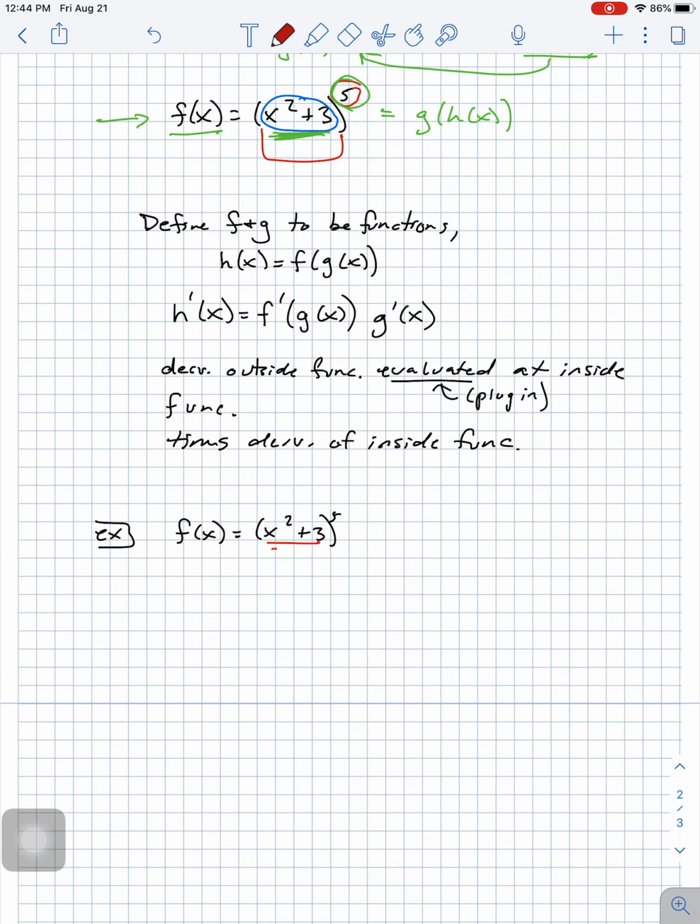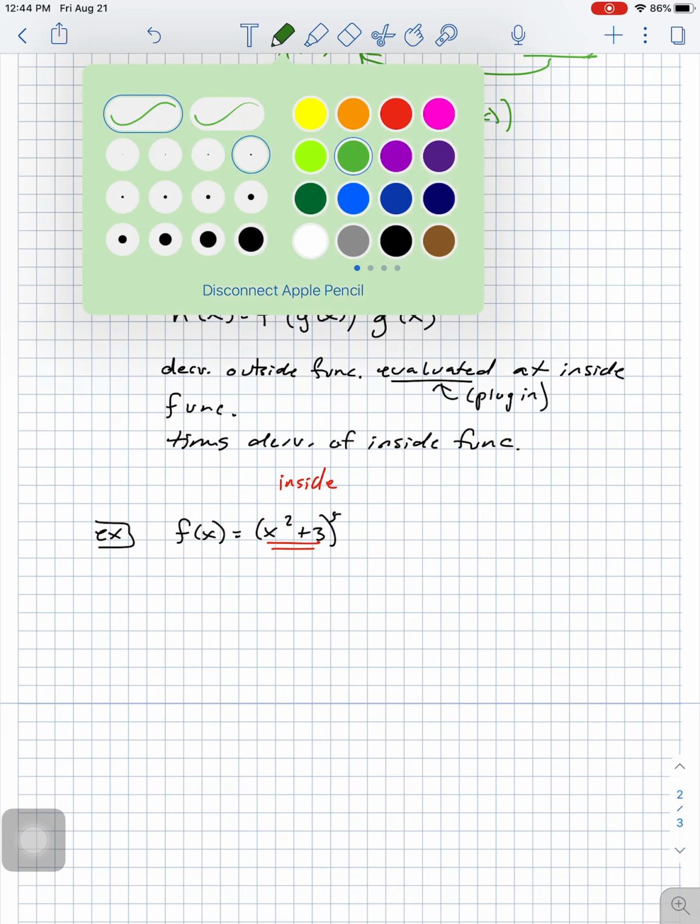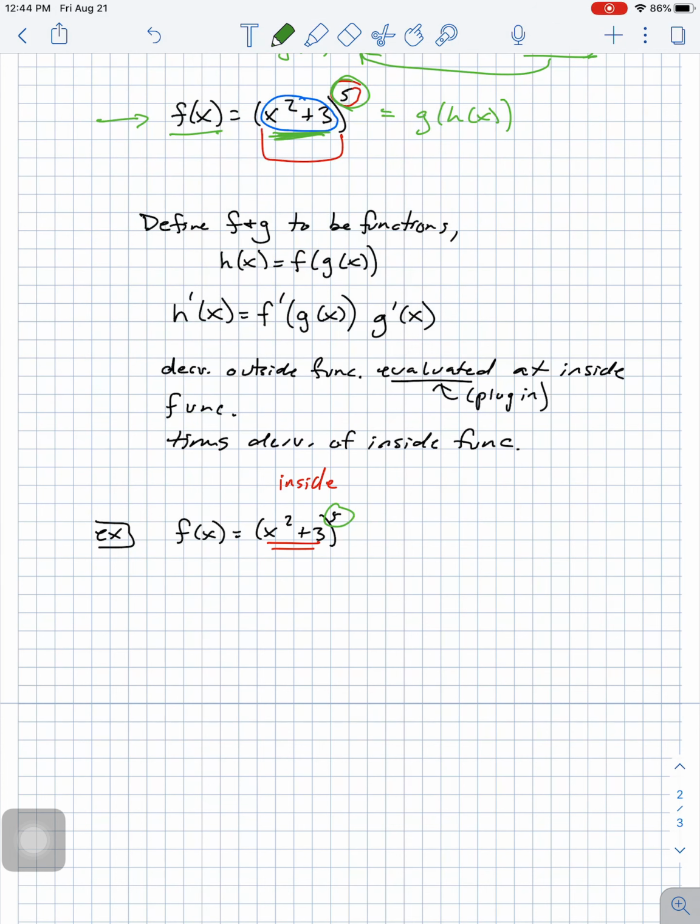My inside function is the red. That's my inside function. And my outside function is going to be green. That's the fifth power. So you ask yourself, I need to take the derivative of the outside function. So how do you take the derivative of something to the fifth power?